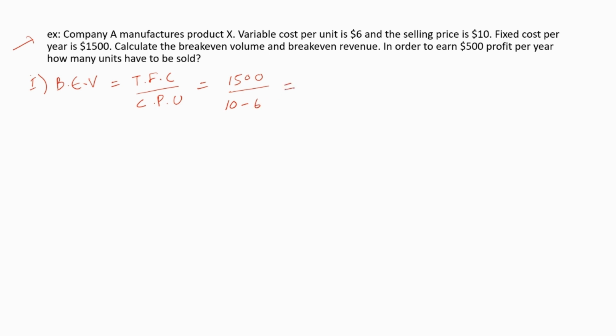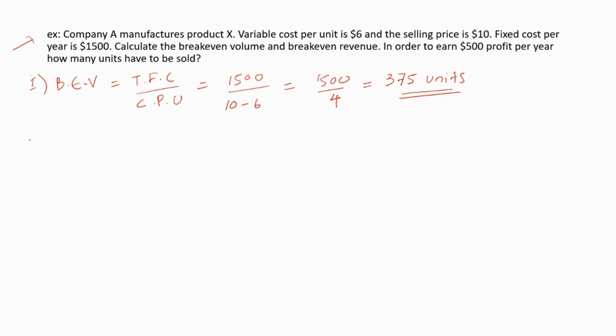So this is equal to 1500 divided by 4. So the break-even volume is equal to 375 units because this is a volume.